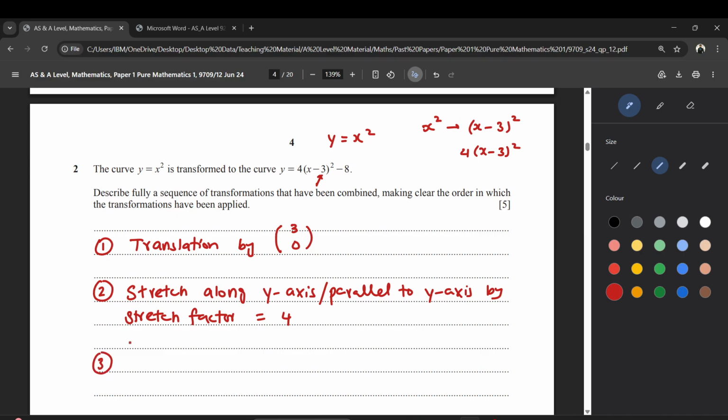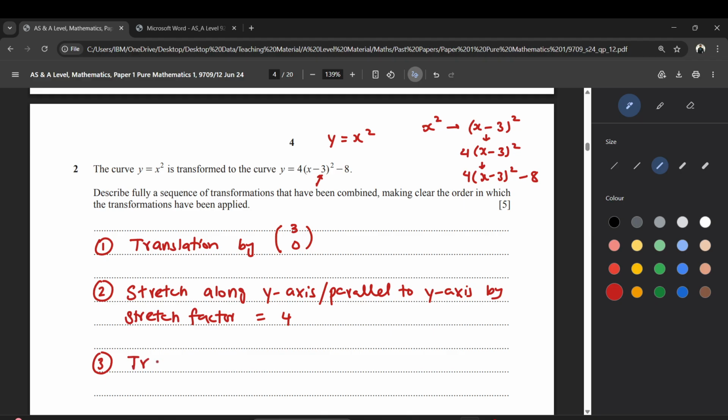Then we have a third transformation as well, which is the final one. Here we have subtracted 8. So now this is vertical translation. Okay, this is vertical translation, and because there's a negative sign over here, that means we are moving 8 units down.